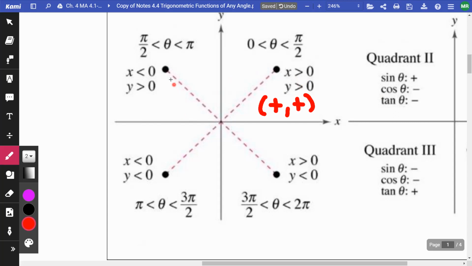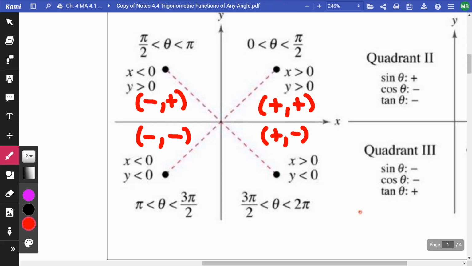In quadrant 2, where my x is less than 0 and my y is greater than 0, my x coordinate is negative over here and my y coordinate is positive. Down here in quadrant 3, x is less than 0, y is less than 0. So in this quadrant, my x and my y are both negative. In quadrant 4, my x is greater than 0, my y is less than 0. So my x is going to be positive, my y is going to be negative. That's really what it's saying.